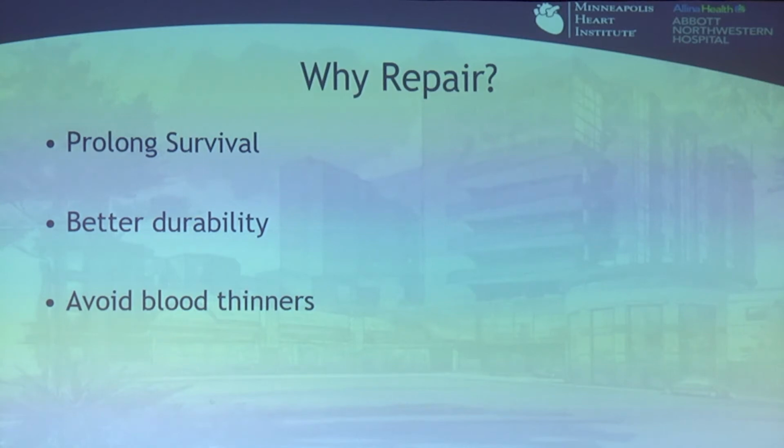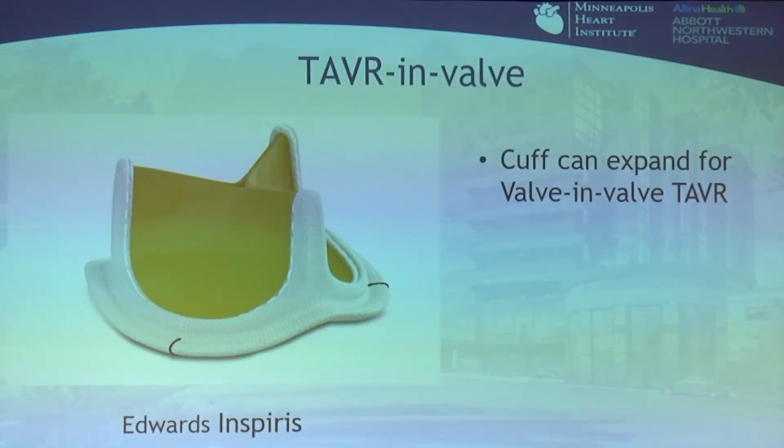So why repair a valve? Often we can prolong your survival, help you live longer, provide better durability than a prosthesis, and often avoid blood thinners like Coumadin. One of the newer valves we're using is the Edwards Inspiris valve. This valve is built specifically to undergo a transcatheter valve replacement down the line. Depending on multiple factors, your age, how big of a valve we get in, these valves tend to last somewhere between 10 to 20 years.